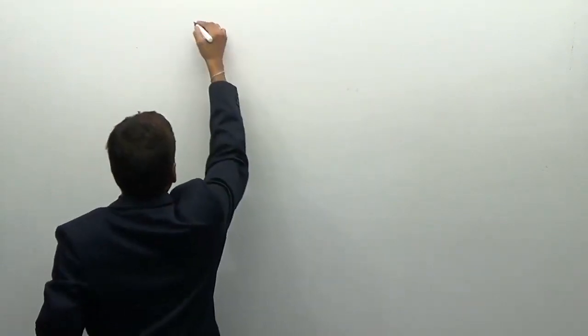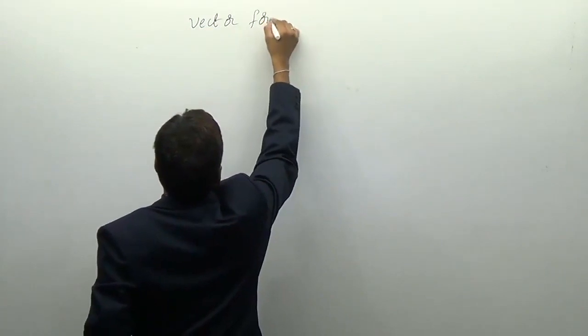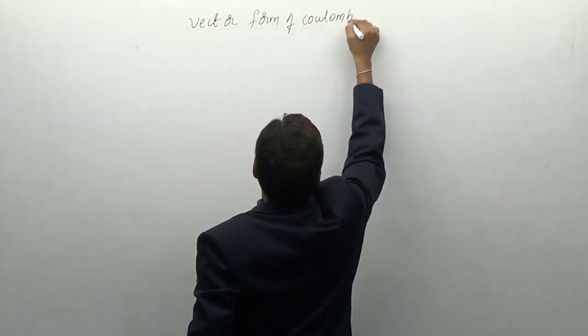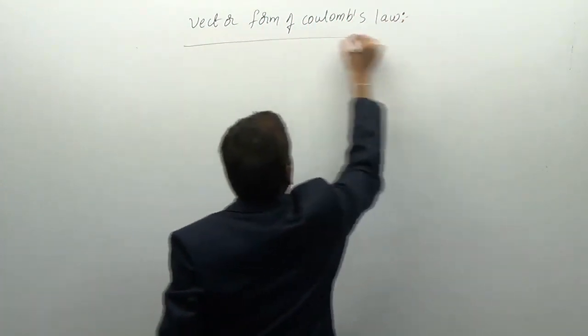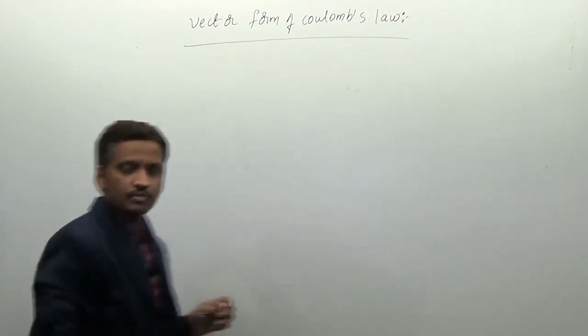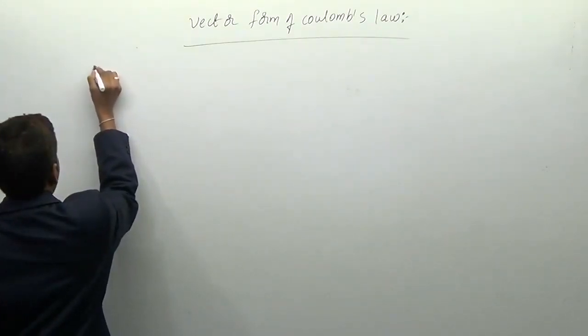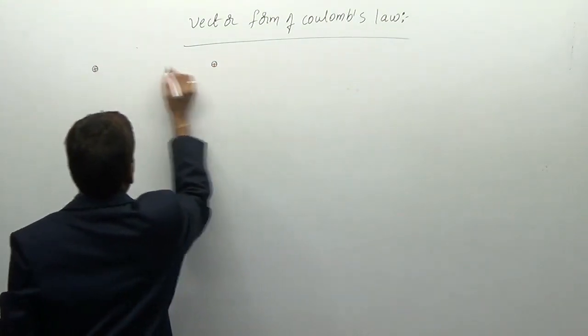Next we can put the heading as vector form of Coulomb's law. In this vector form of Coulomb's law, we can take the same figure, which is a positive charge, and let us take another positive charge.